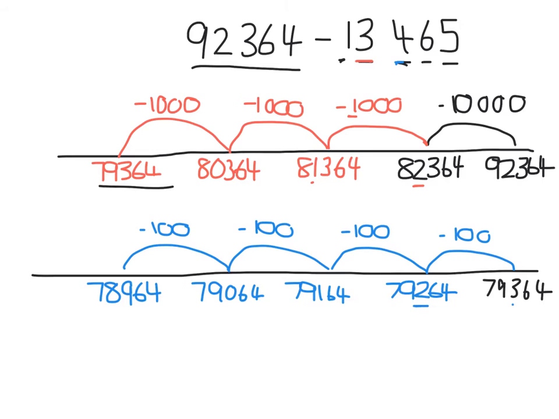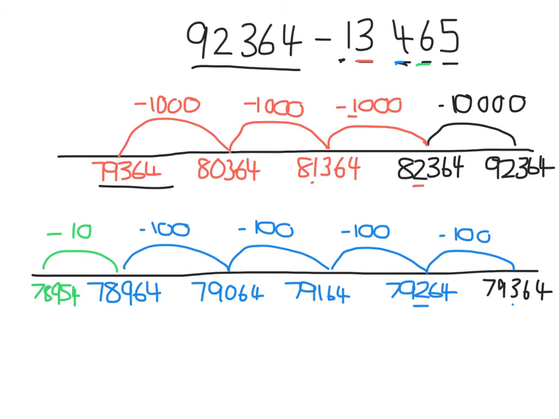Okay, now what I need to do is take away my tens. I have 6 tens here. So I'm going to take away 10. It's going to be 78,954.